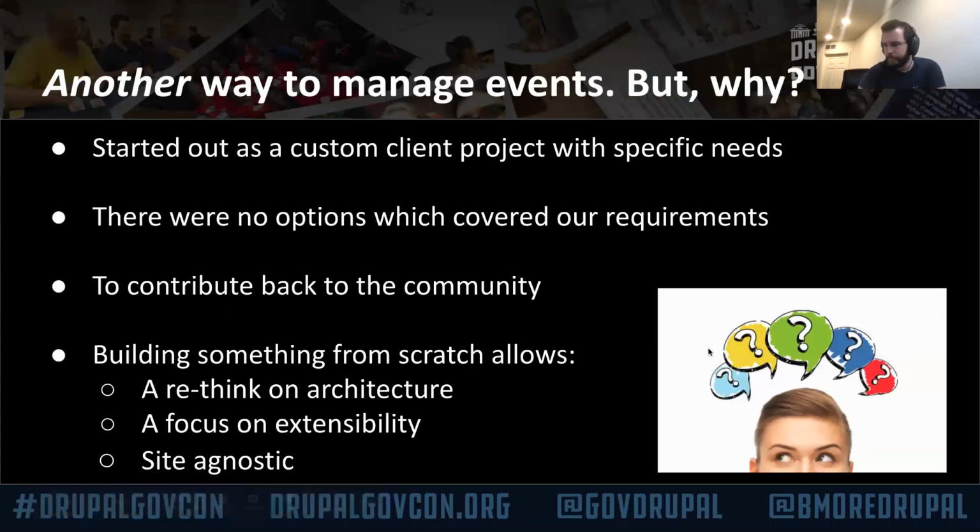The story of the recurring events module really started out with a client of ours at Interpersonal Frequency. They're a library client, and they wanted a way of managing events where each instance of an event could be modified. So if you think about maybe the date of a particular event needs to change, but you don't want to affect the other events in that series.